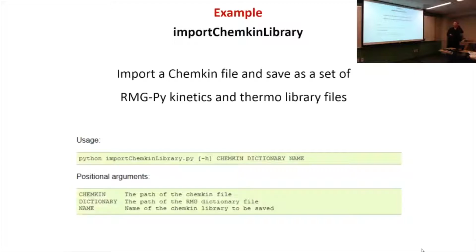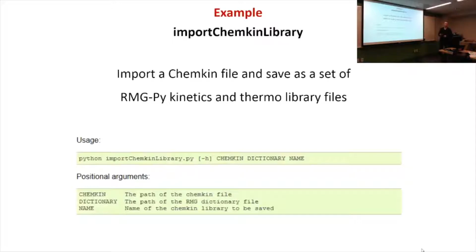So here's an example. Let's say you want to import a ChemKin library. So you have a ChemKin file with a well-defined dictionary. RMG needs to know the structure of each species, not just the label. It needs to know the actual 2D structure of the molecule.